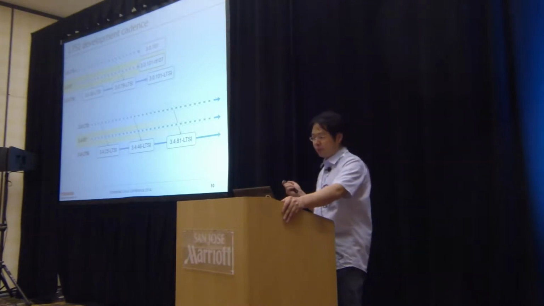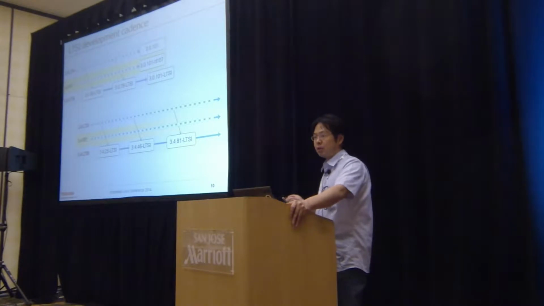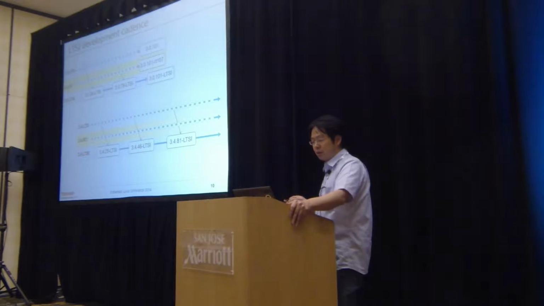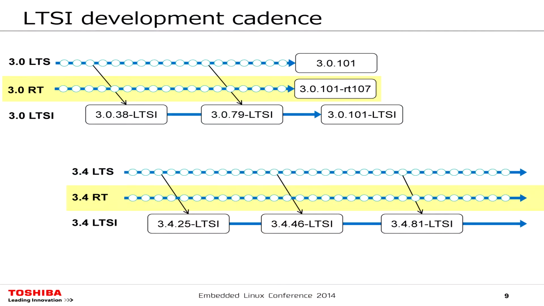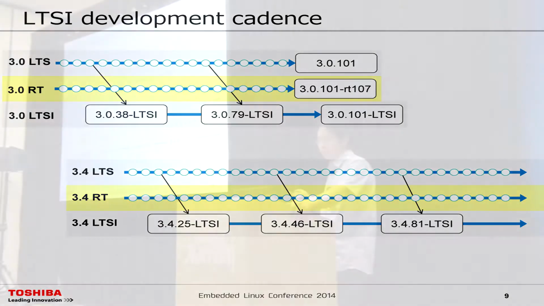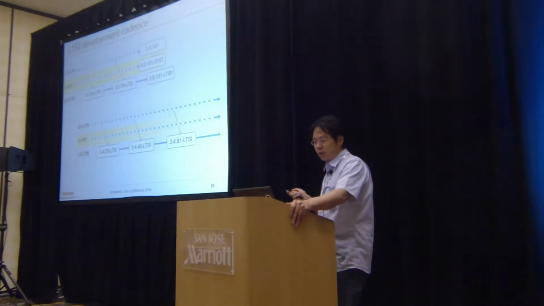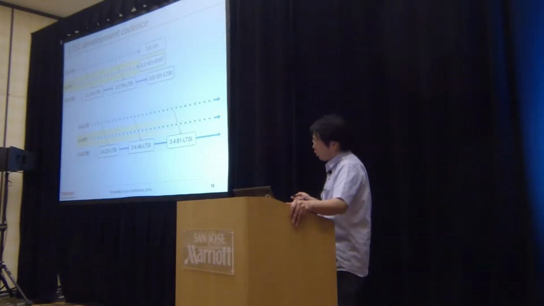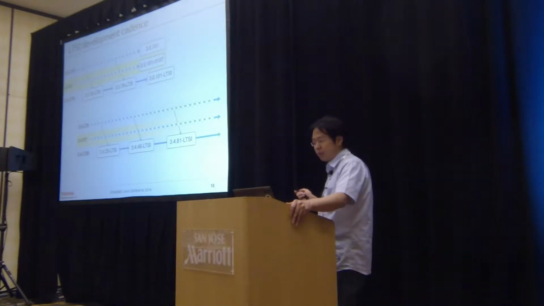To start, before explaining how to merge the LTSI kernel and the RT patch, I would like to explain the release schedule for LTSI kernels. LTSI kernels do not follow all LTS releases. LTSI kernels are only released for some points, for example the 3.0 releases.